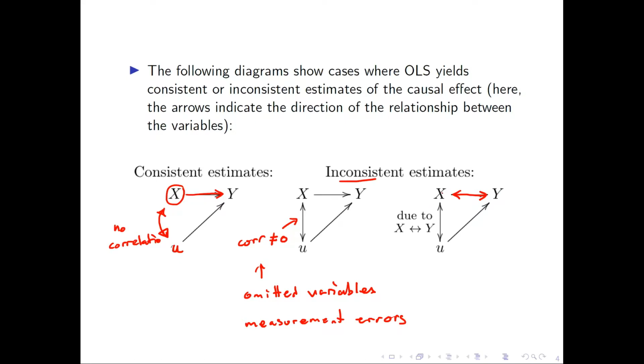If you change x, then you change y, but if you change y, you at the same time change x. And this will induce a non-zero correlation between the x variable and the error term.